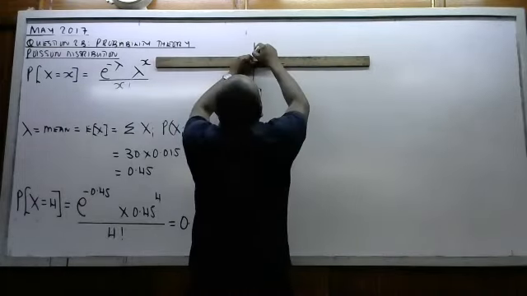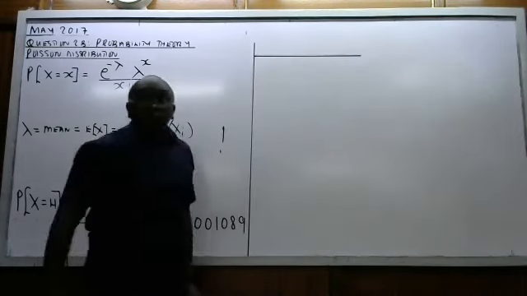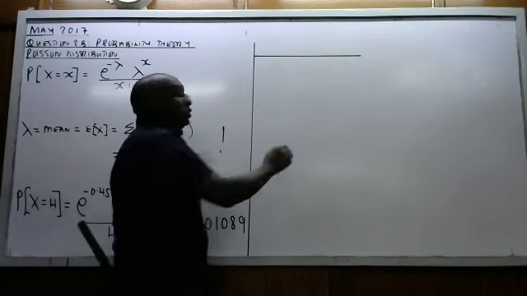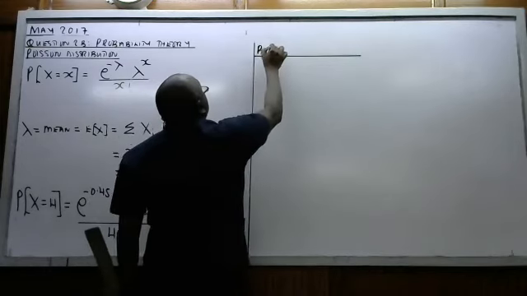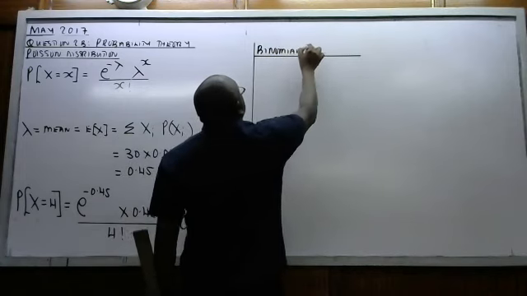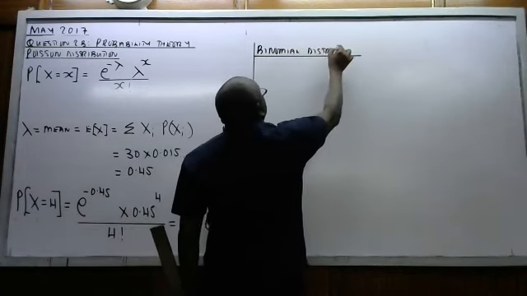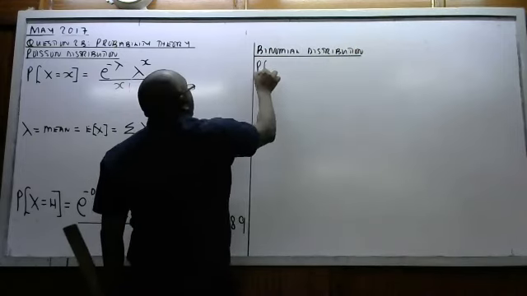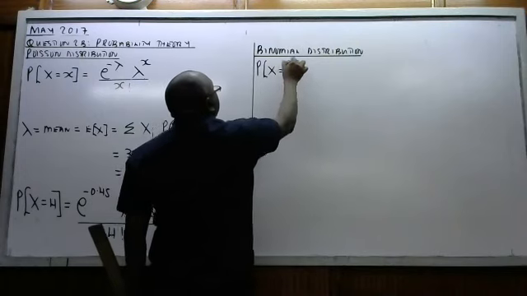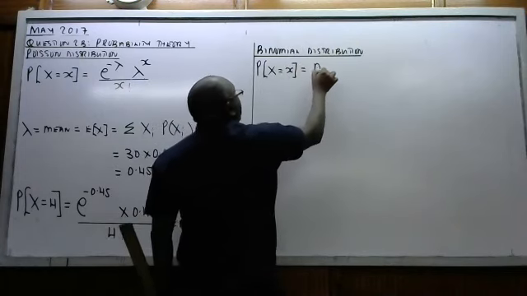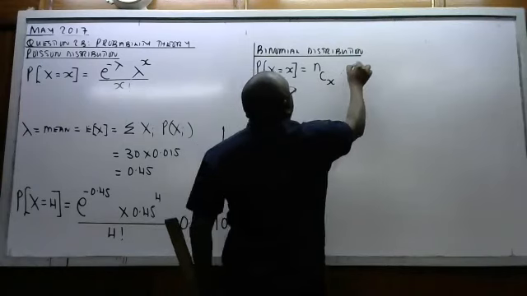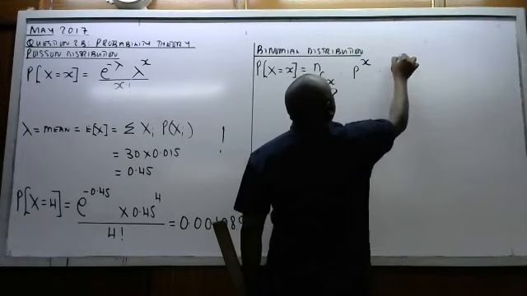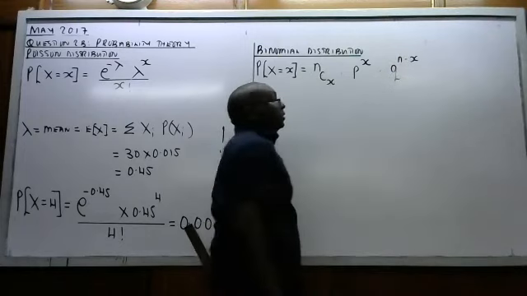The next one, you are told to do the same using binomial distribution. So for the binomial distribution, the formula we know, probability that x is equal to x is given as nCx, p raised to x, q raised to n minus x.